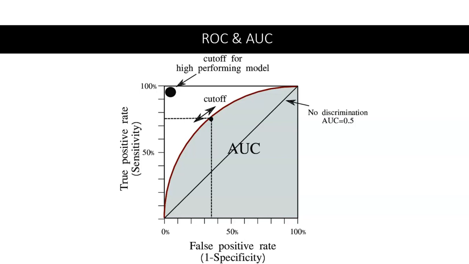Here you can also see some points called cutoff for the high performance model, and points on the diagonal line are called no discrimination, AUC at 0.5.